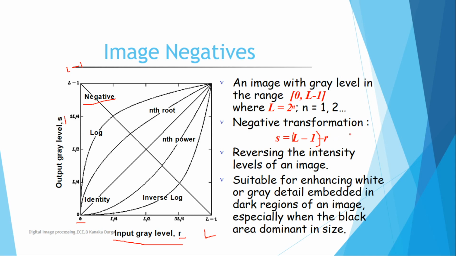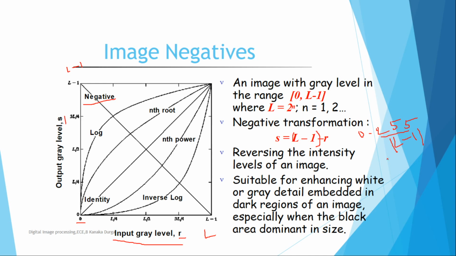Suppose we consider that the pixel values range from 0 to 255. So the intensity values of the image are from 0 to 255, and L minus 1 in this case is 255.